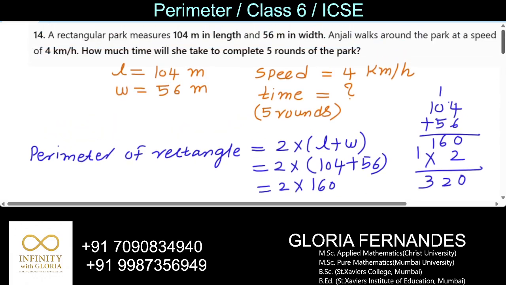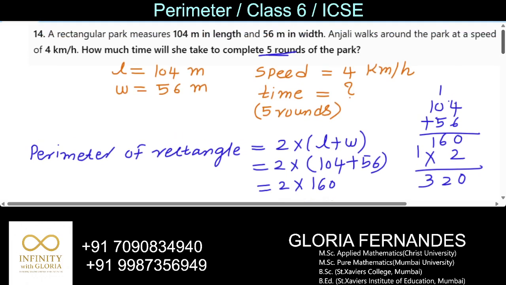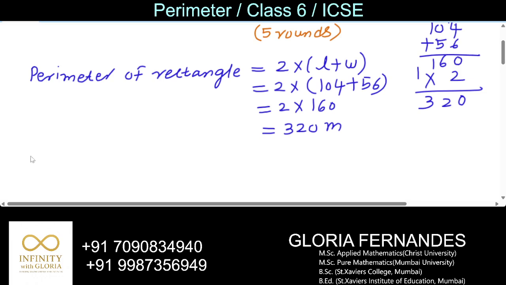But now see over here, like a previous problem, Anjali is taking how many rounds around this park? 5 rounds. Okay. We have to find out how much distance is covered in the 5 rounds. So over here, the distance covered by Anjali in 5 rounds is going to be what?